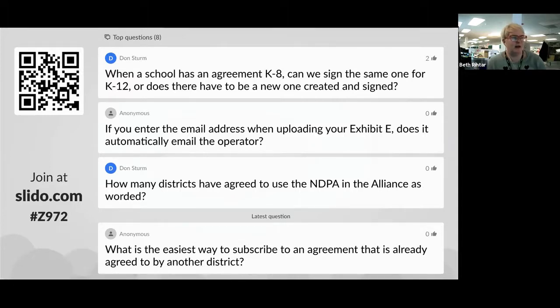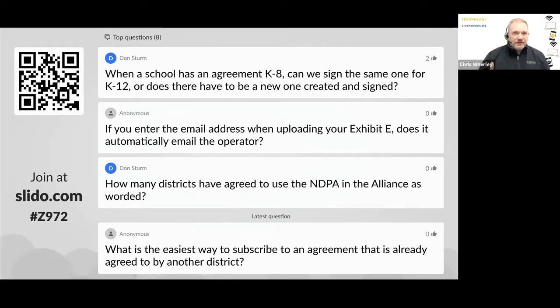As far as the SDPC database, the management of the database and the agreements, that could really be anybody that has an account for that system. But as far as signing the agreements, signing the Exhibit E, signing the originating agreements, you want that to be consistent in your district, and you want that to be somebody that is designated by your superintendent or your board or whatever, so that they are aware of what they're signing.